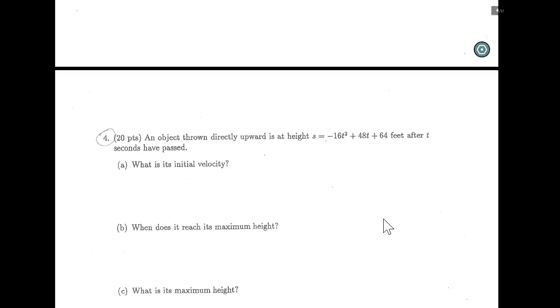Okay. Number 4, so an object thrown directly upward is at a height s(t) equals negative 16t squared plus 48t plus 64 feet after t seconds have passed. So what is the initial velocity? Consider this our position.